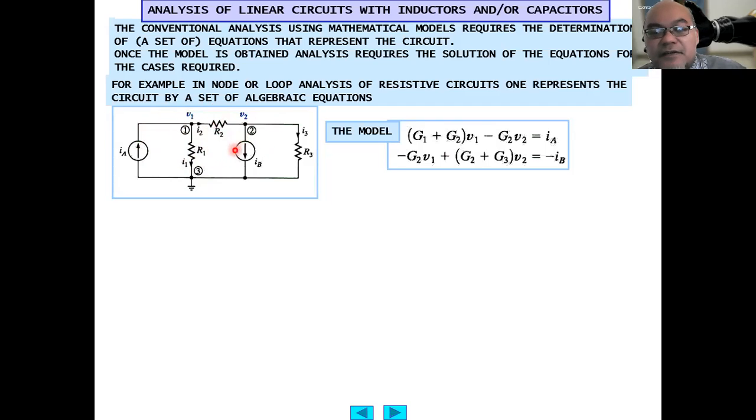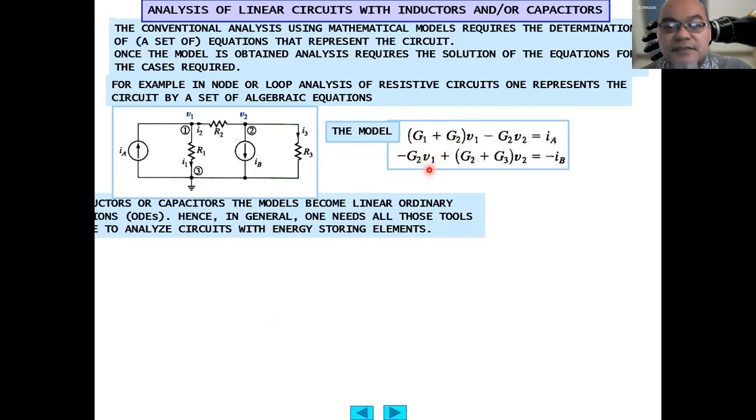This is Kirchhoff current law. In the second node: minus G2 V1 plus (G2 plus G3) V2 equals minus IB. This is when we express it in the form of conductance instead of resistance.